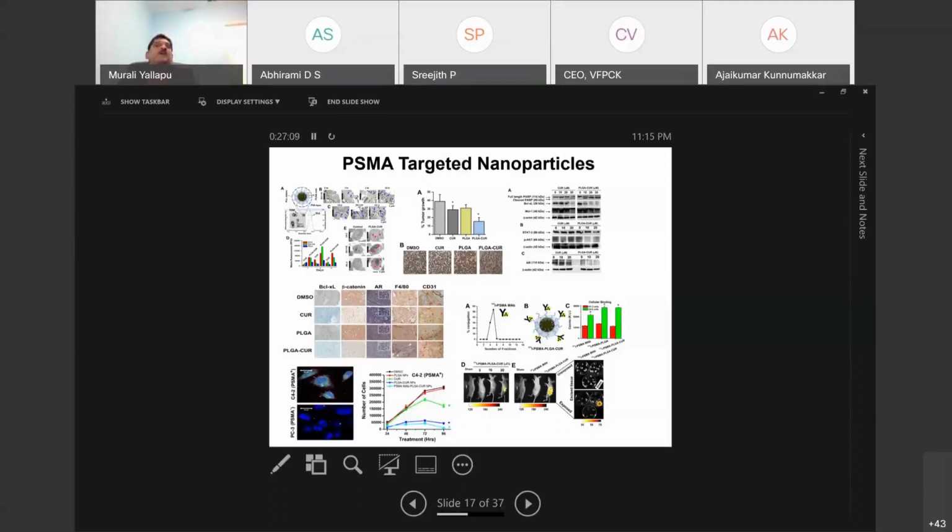So therefore, we tried PSMA antibody-based PLGA nanoparticles, and we see greater targetability and residence of this targeted delivery of the curcumin molecule towards the tumor cells, and also to the tumors in the mouse, and also on ex vivo human tumor xenografts, and also some of the TMAs. And this is the whole data showing how efficaciously we can target these tumor cells.